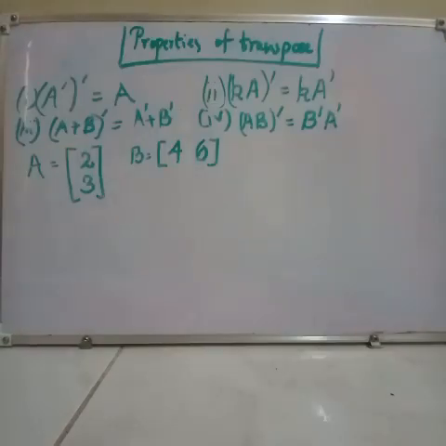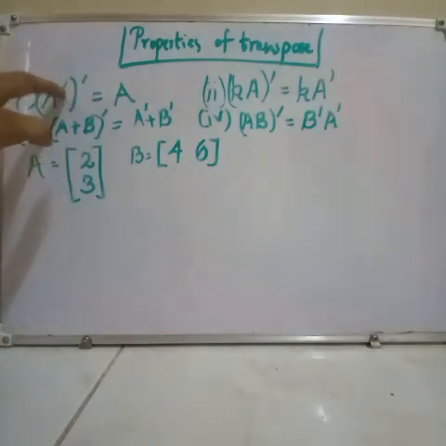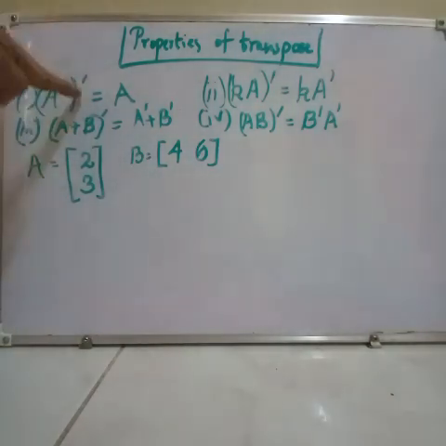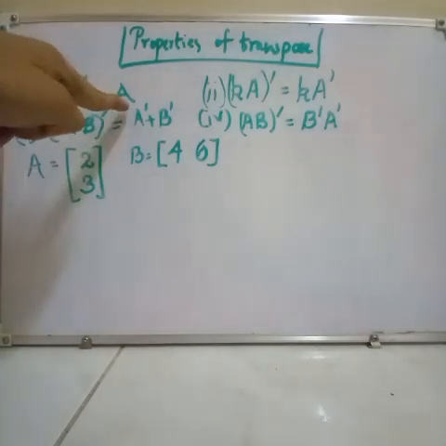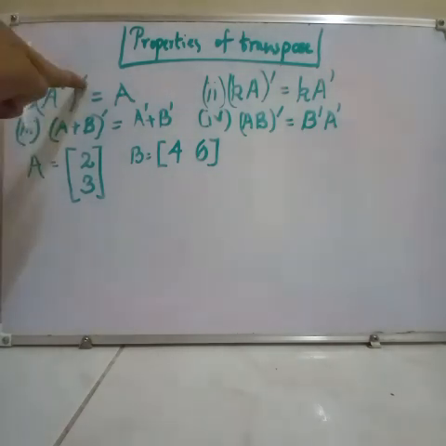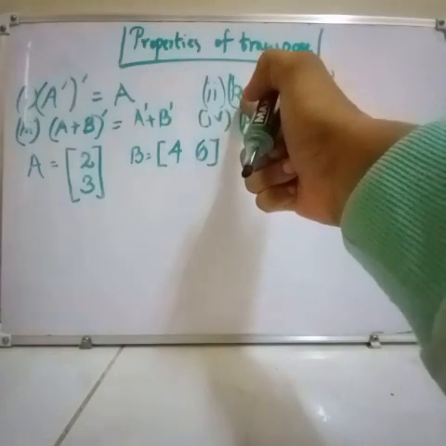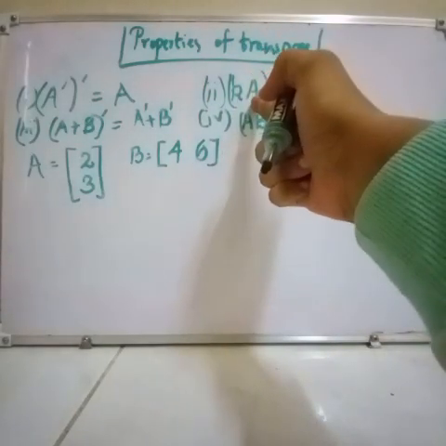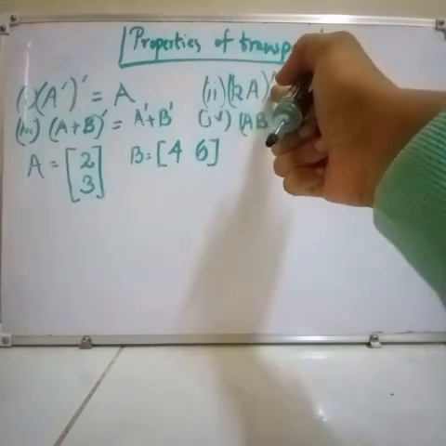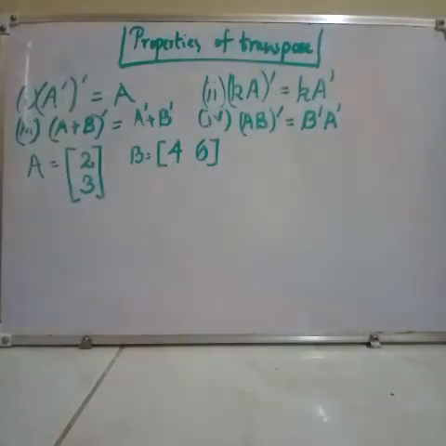Now we'll be looking at the properties of the transpose of a matrix. The first property is, if you have a matrix A and you take the transpose once and then take the transpose again, it will be equal to the initial matrix A, that is, A transpose, whole transpose, is equal to A. The second property is, if you have a constant K and you multiply it with matrix A and then take the transpose, it will be equal to K times A transpose.